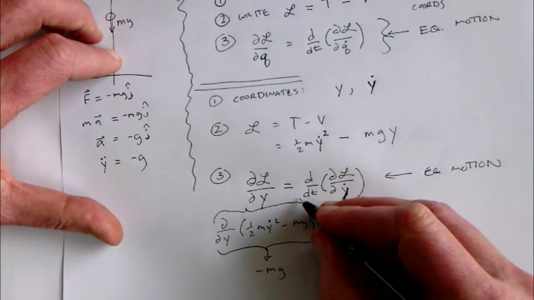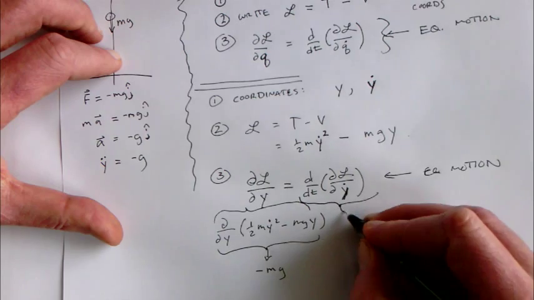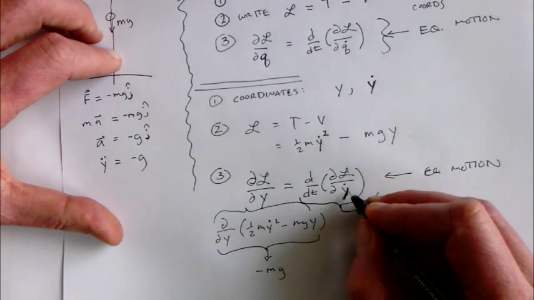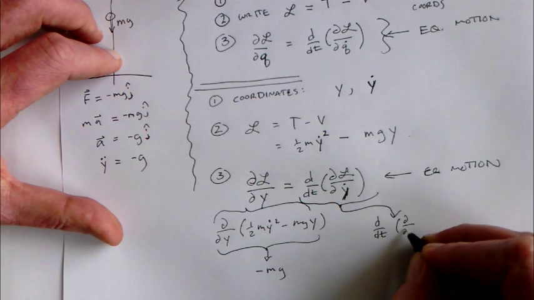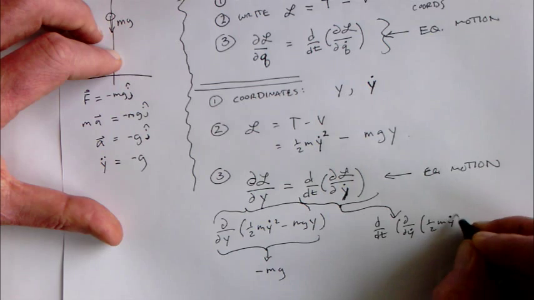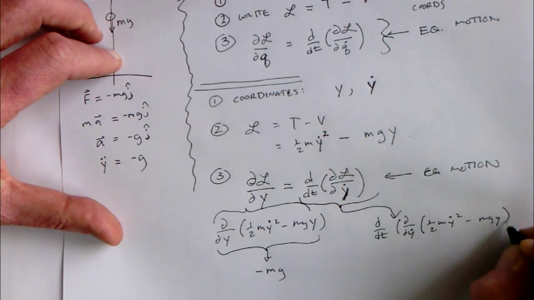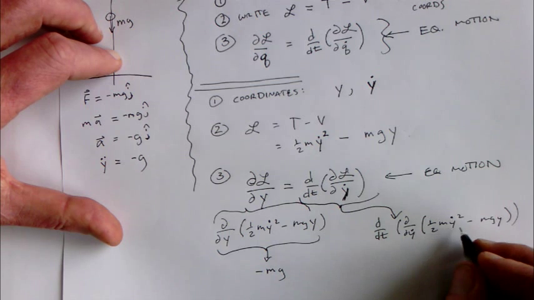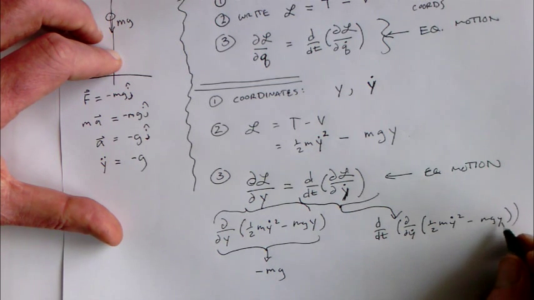And then if I go over to the right-hand side, I've got d by dt of the partial with respect to y dot of 1/2 m y dot squared minus mgy. Well, the first term has a y dot in it, so when I take the derivative with respect to y dot, I'm going to pull down a 2, and I'm going to get m y dot. The second term, mgy, doesn't have a y dot in it, so when I take the partial with respect to y dot, that term is 0.